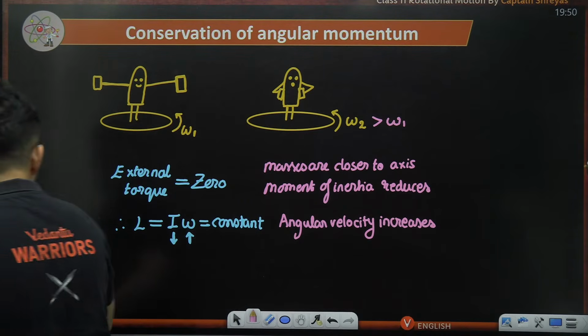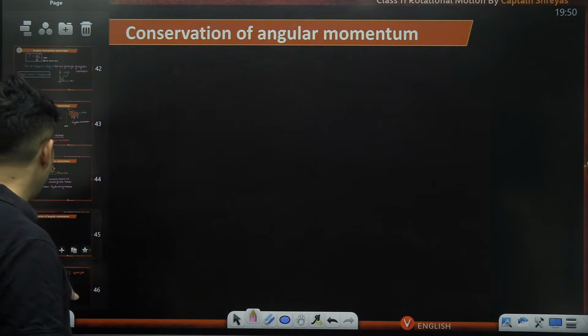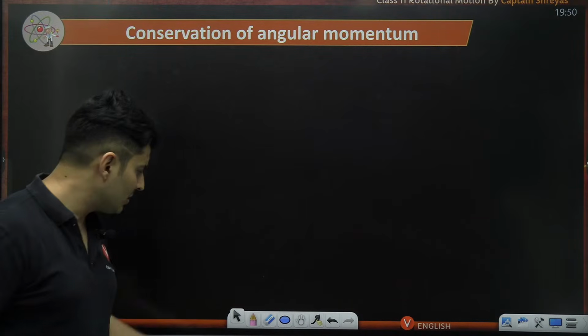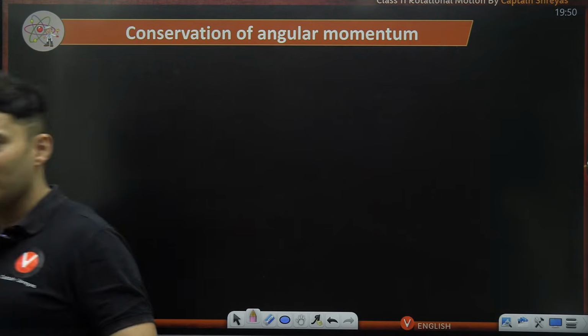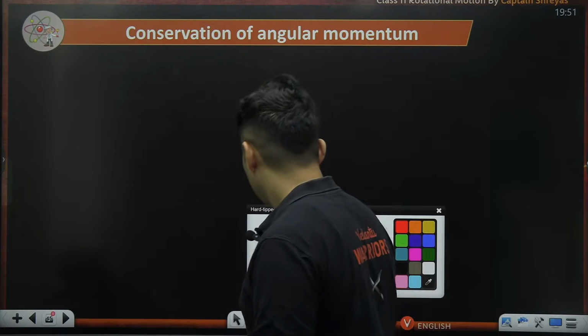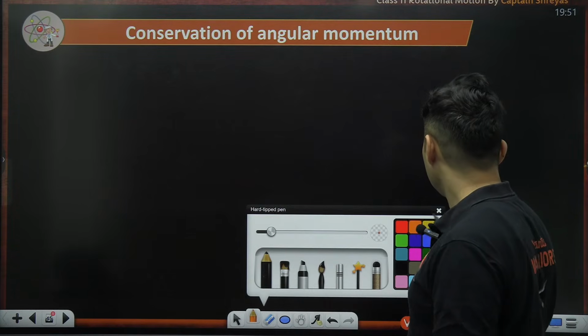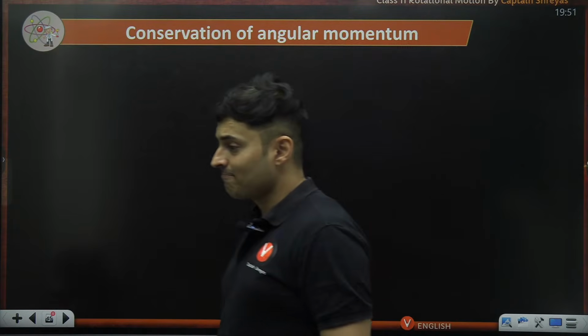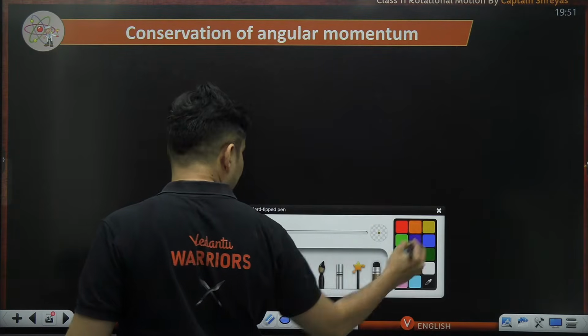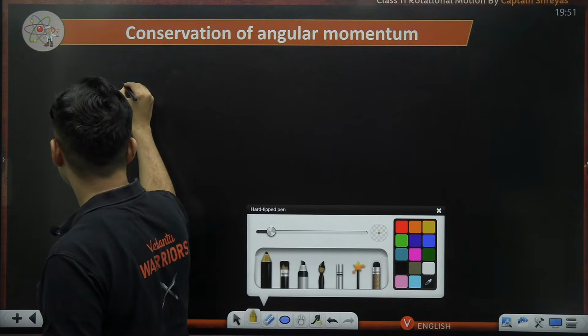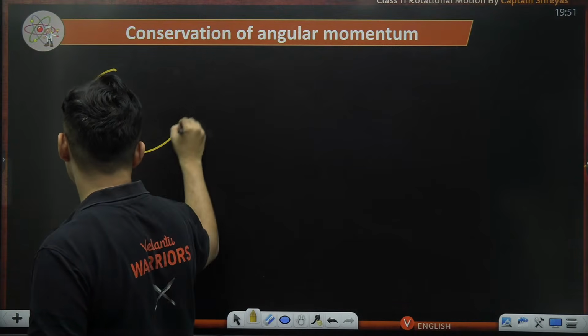Okay. Perfect. Not just this, there are many more examples of conservation of angular momentum, like our sun. Our sun right now is huge.